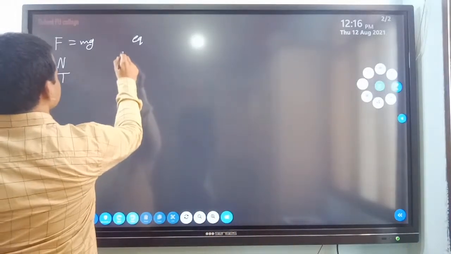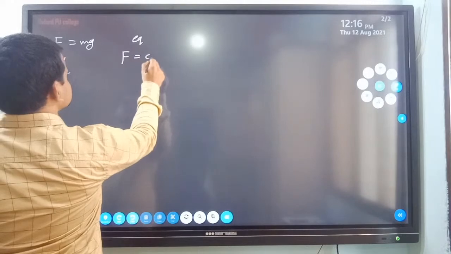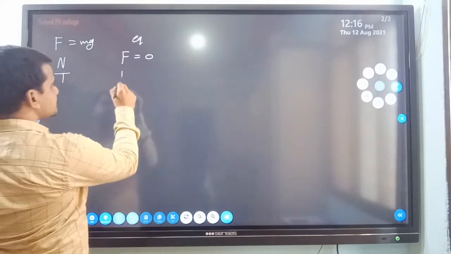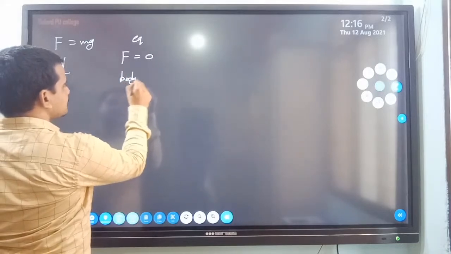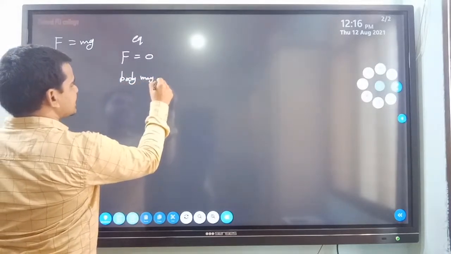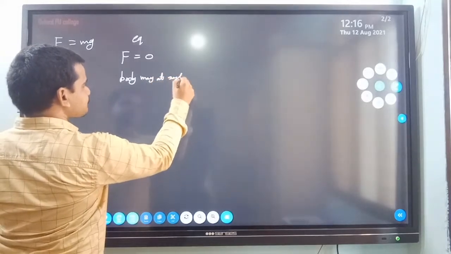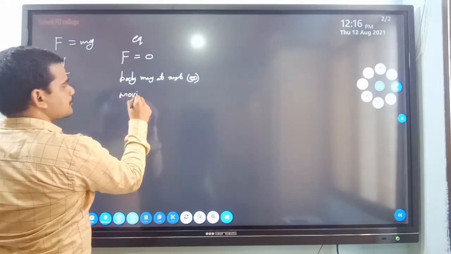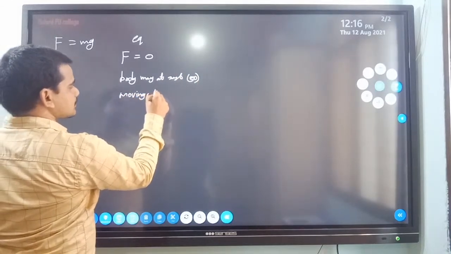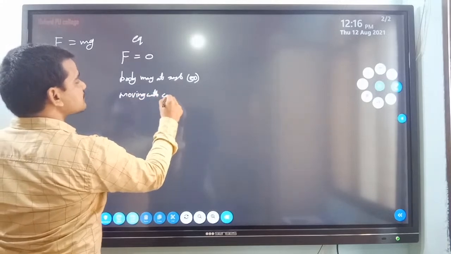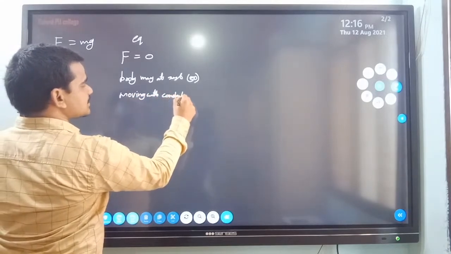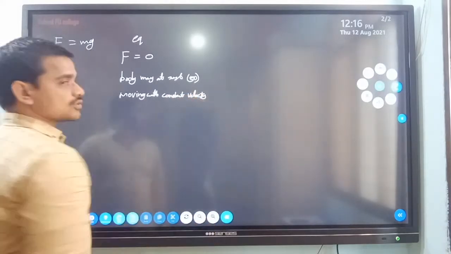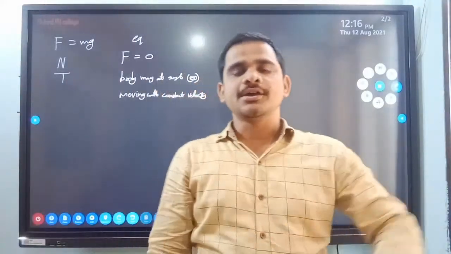Force is zero means the body may be at rest or moving with constant velocity. Very important here.